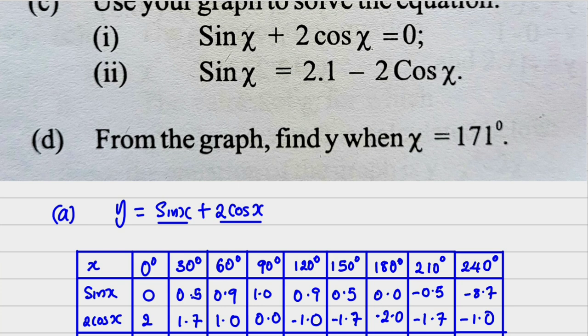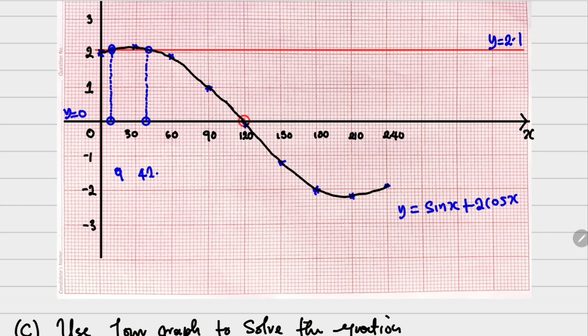So let's check the D part of the question. The D part says, from your graph, find y when x is 171. This time around, x is 171. Now, to locate 171, I have to check the difference between 150 and 171. That is 21.